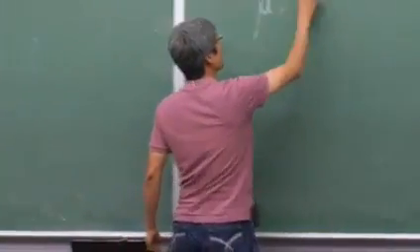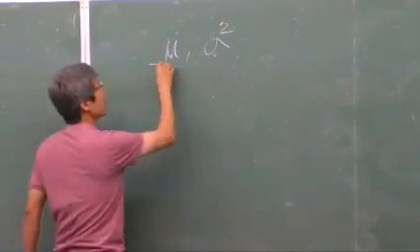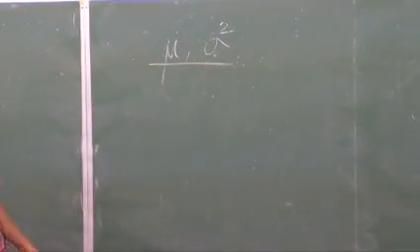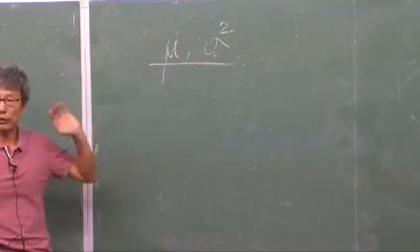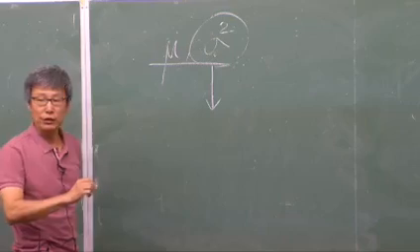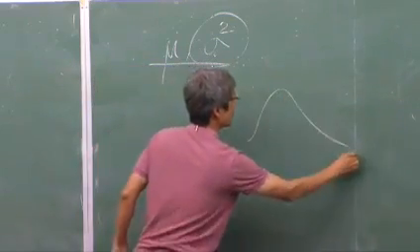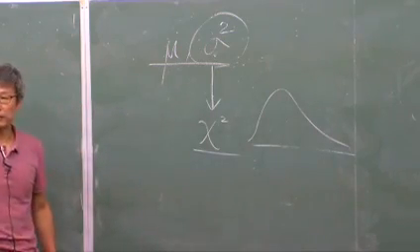When we say variance, that means the unknown parameter, sigma square. And this itself has a distribution, something like chi-square. And we have a distribution like this.